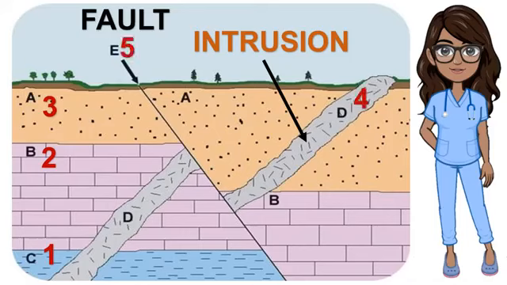Fifth, fault E formed, shifting rocks A through C and intrusion D. And sixth, weathering and erosion created a layer of soil on top of layer A. Remember that in this type of dating, the actual age in years is not determined.